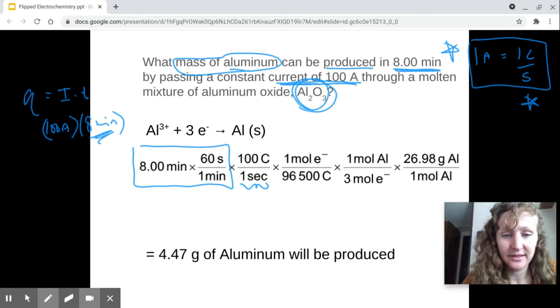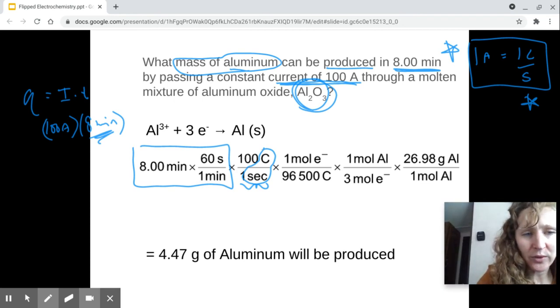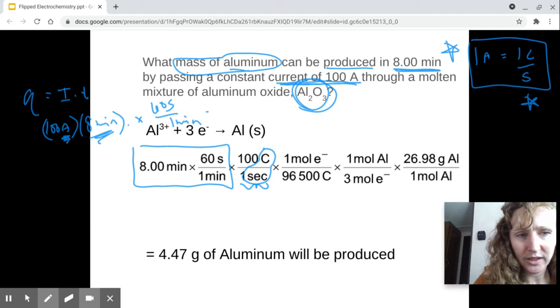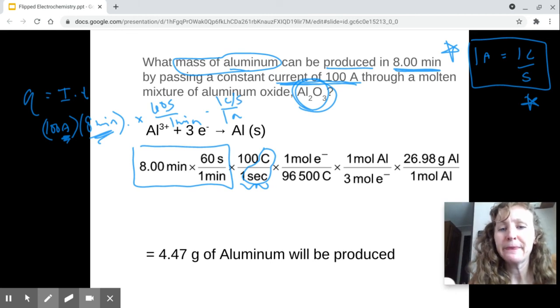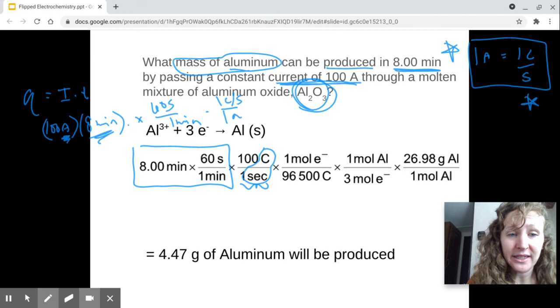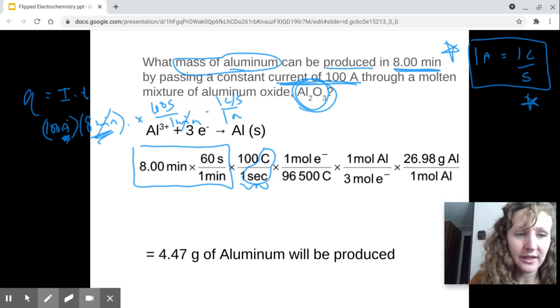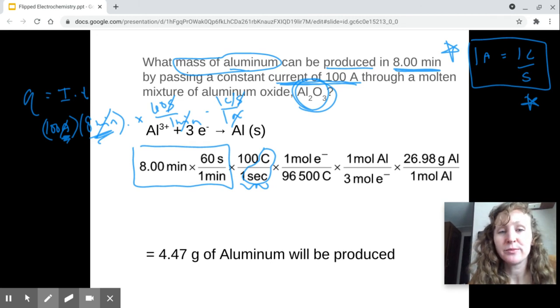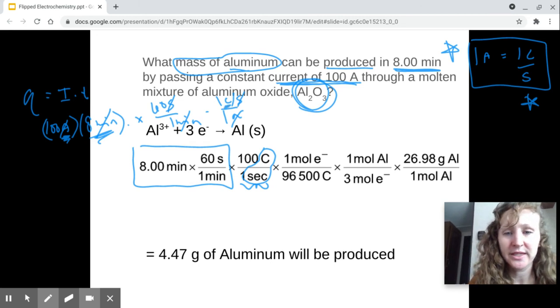So this right here is our conversion between seconds, coulombs, and amps. If I were writing this out, I would go 60 seconds per 1 minute, times 1 amp per 1 coulomb per second. Now minutes reduce, amps reduce, seconds reduce, and I have this in terms of coulombs.